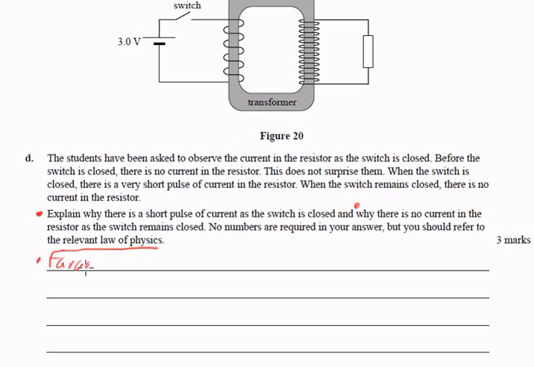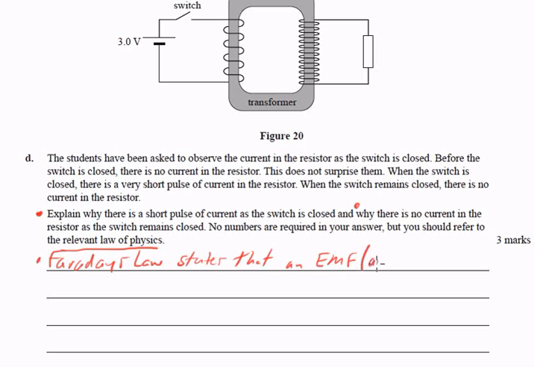So why don't we just go with Faraday's law. Faraday's law states that an EMF, and because we make a voltage, and because there's actually a loop here, that voltage with a resistance will make a current.